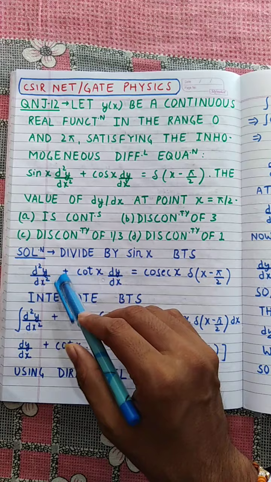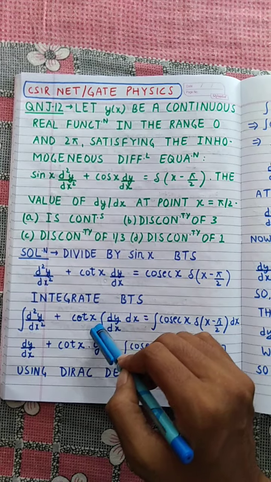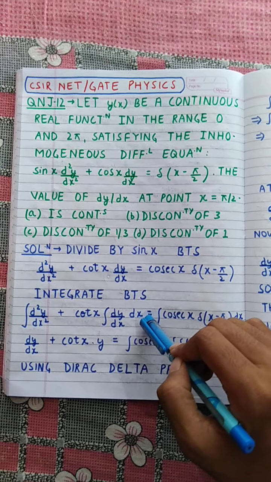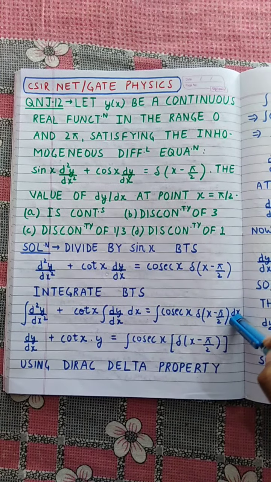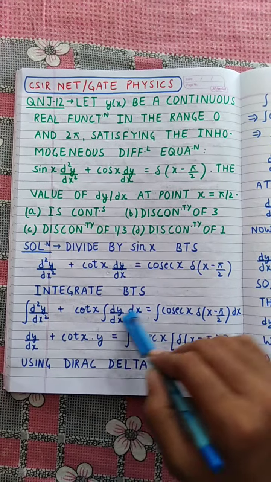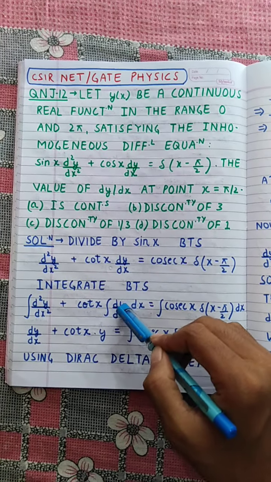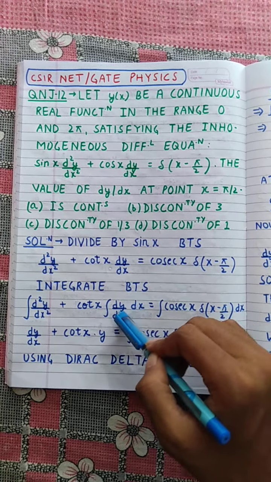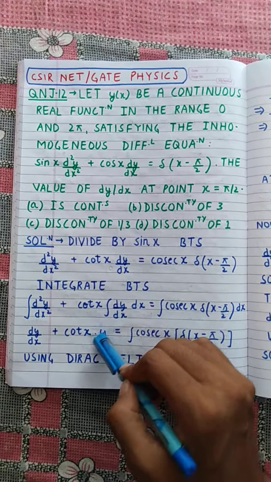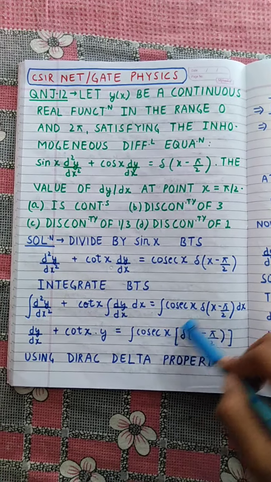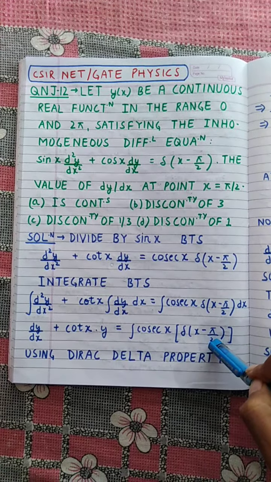Before this, we will integrate on both sides. We obtain the integral of d2y/dx2, plus the integral of cot x dy/dx with respect to x, and the integral of cosec x delta of x minus pi/2 with respect to x. After integration on both sides, the first term becomes dy/dx, and the second term becomes y cot x. The RHS will remain the same, the integral of cosec x delta of x minus pi/2.